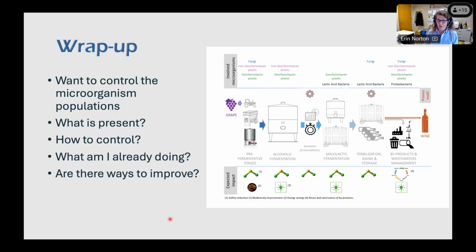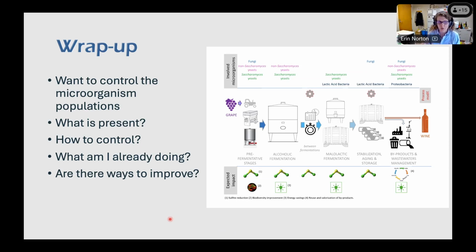What is actually present? You might not have some of these spoilage microorganisms that you need to be careful of. They just might not be in your winery or in your wines or your grapes. What is present, and how can you control it?